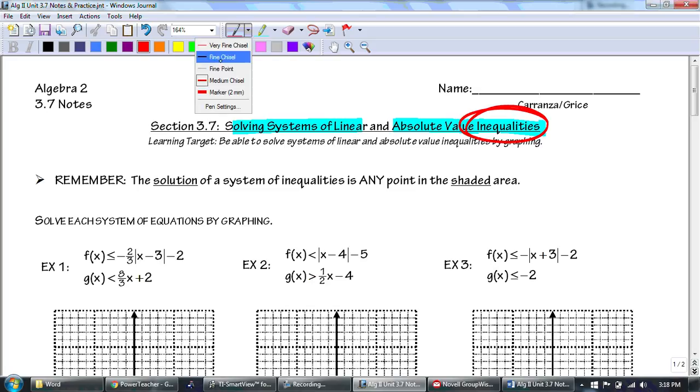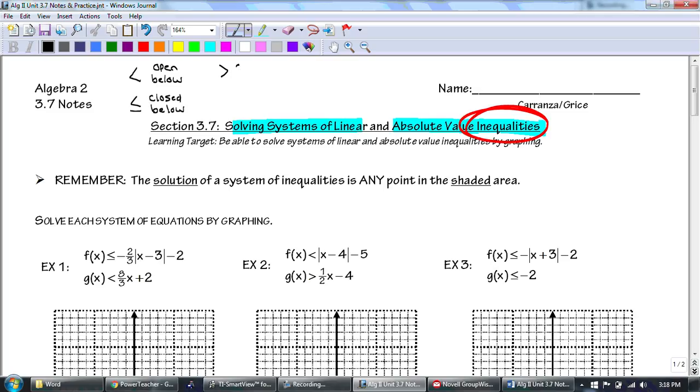Let's take a look at the symbols. This is the less than symbol. This is telling us that it's open and that we shade below. Less than or equal to is closed and we shade below.